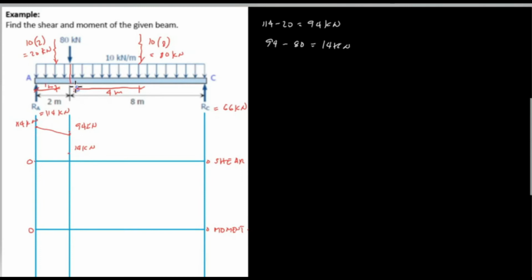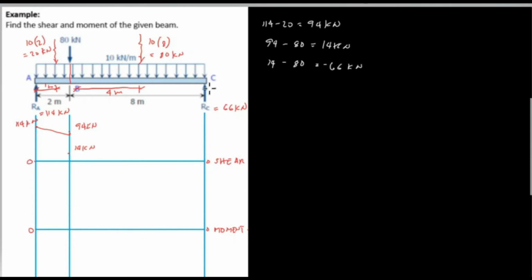We have a uniform load from B to C, which is 10 kilonewton per meter, and the resultant is 80 kilonewton. We drop again because the direction is downward, and the value is 14 minus the downward direction of 80, which means you have a value of negative 66 kilonewton.